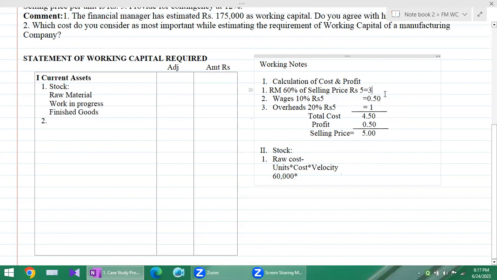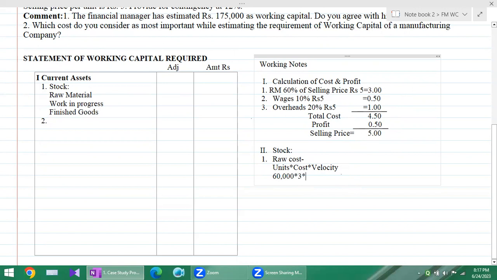It should look in a sequence only. That's why, here, the number of units I have taken. What is the cost of raw material? Rupees 3. Yes, quickly we can do it now.